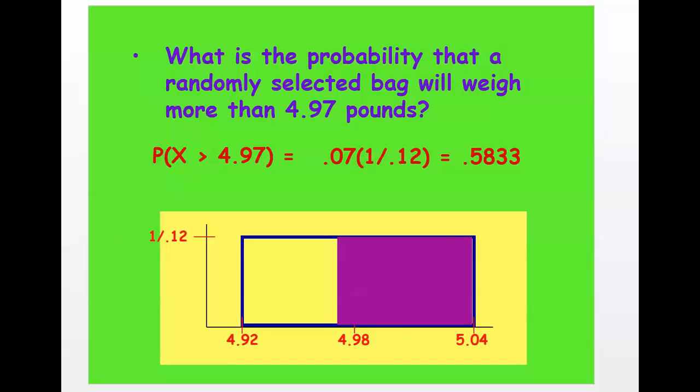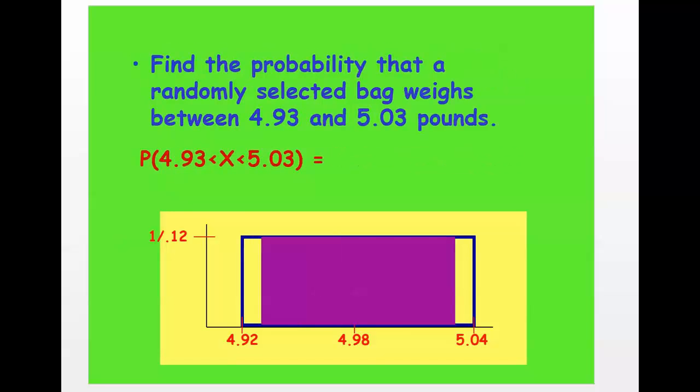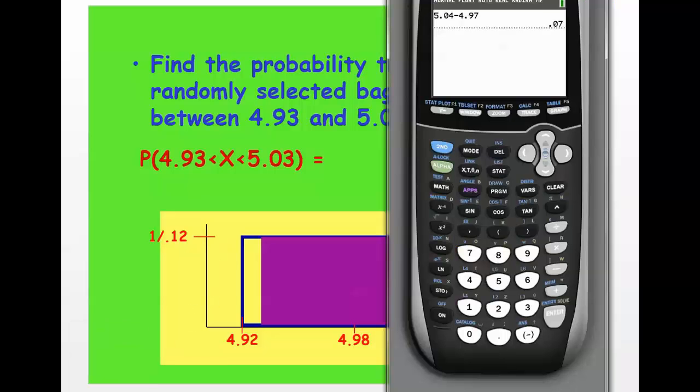Okay, let's keep going with this. What if I'd like to know what percent of the time I get something between 4.93 and 5.03? Well, again, I know the height of the rectangle, so I just need to know the length here. So we'll type that in, 5.03 minus 4.93, and that'll give us a width of 0.1.